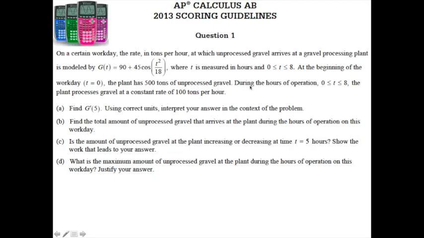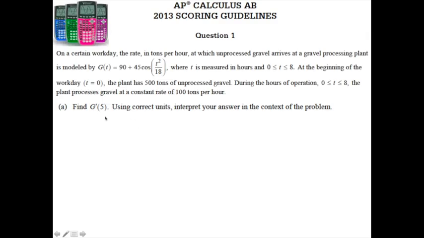And we know that during the day the plant processes gravel at a constant rate of 100 tons per hour. So we have gravel arriving, and then here we have some information that tells us how quickly we're getting rid of that unprocessed gravel. So we have an accumulation and a drain, so to speak.